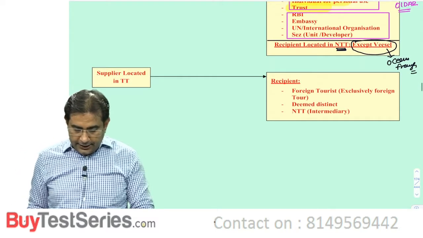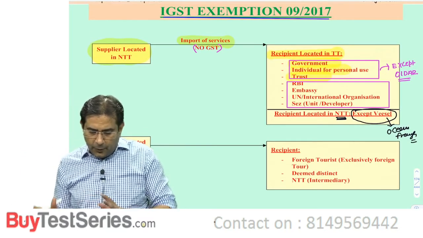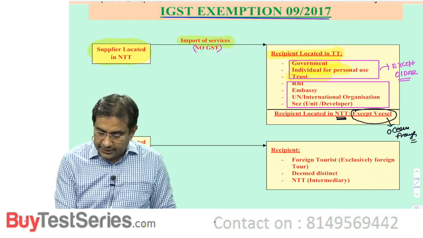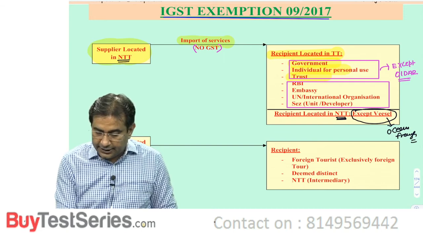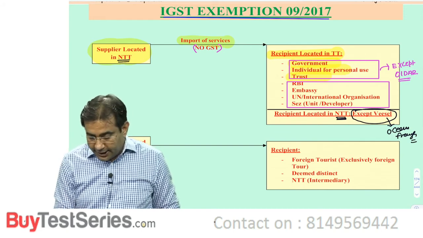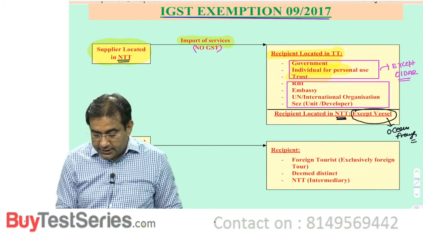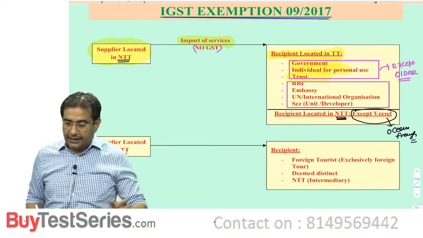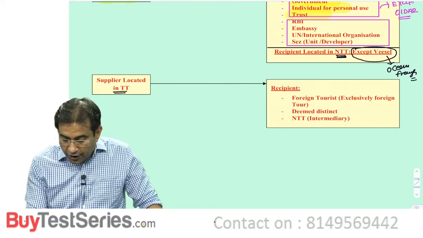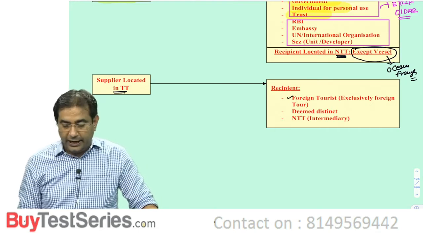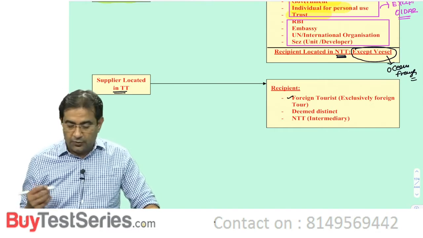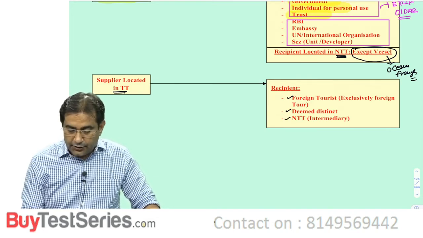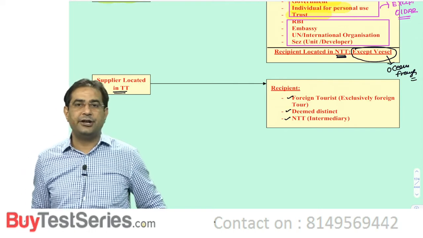And in the opposite situation, in the first situation it was where the supplier is an entity, and the second situation is where the supplier is located in the taxable territory and the recipient is a foreign tourist on a tour exclusively for outside India, deemed distinct situation, and non-taxable territory, that is intermediary.